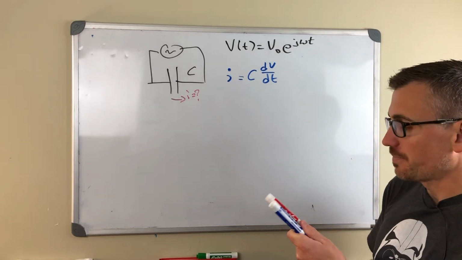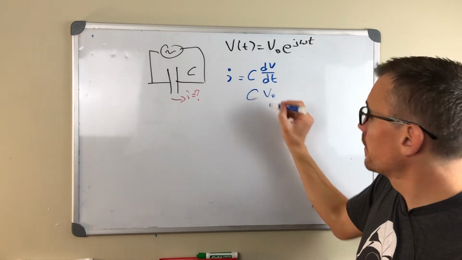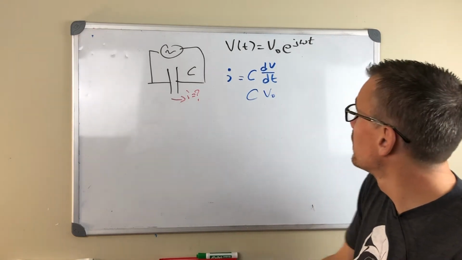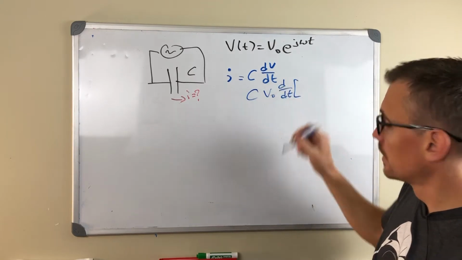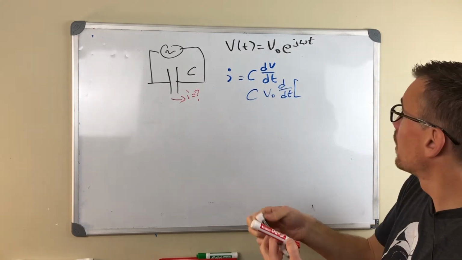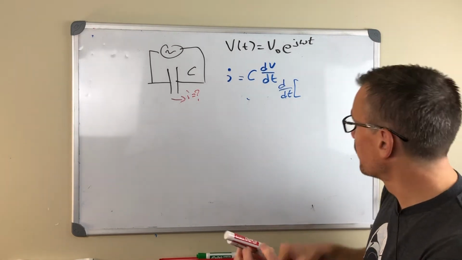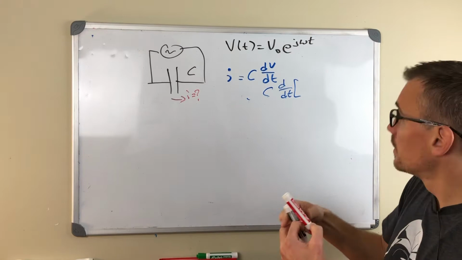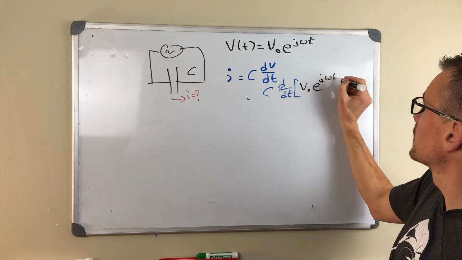So we have C times the derivative d by dt of V0 e to the j omega t.